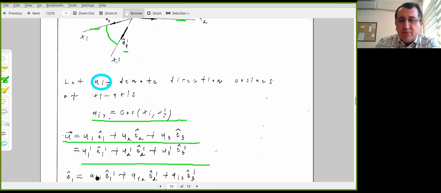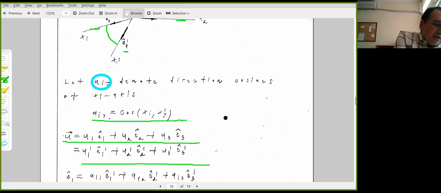The first component is A11, the direction cosine for x1 and x1 prime. The second component is A12, with e2 prime hat, and the third one is A13, with e3 prime hat. A unit vector can be written in a coordinate system, and its components are direction cosines of that unit vector in the considered coordinate system.